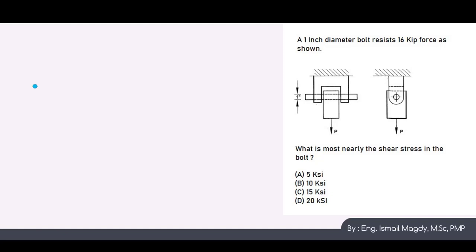Okay, so let's start first by drawing our system here. We have here a vertical force of 16 kips. It is resisted by the bolt, but we have two surfaces of shear, because the force will be resisted from this side and from this side.